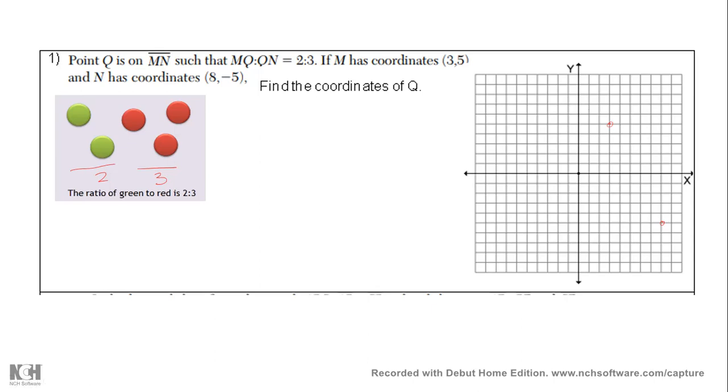Now I'm going to draw a straight line. This is M, and this is N. I want to break this up into 5 equal pieces because a 2 to 3 ratio is 5 equal pieces.